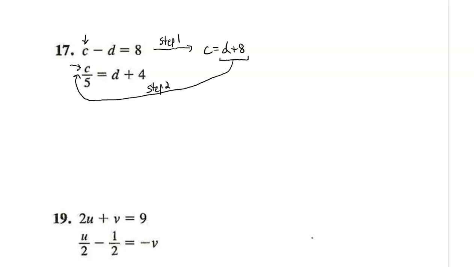So where the letter C is, put in D plus 8. And then there was a fraction bar of 5 underneath. And then there was equals and D plus 4. Now solve this. Multiply everything by 5.